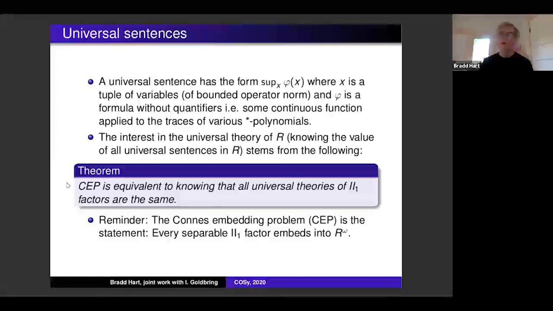No matter what II_1 factor you choose, if the Connes embedding problem is true, you would have the same universal theory. And just a reminder, the Connes embedding problem is the statement that every separable II_1 factor embeds into R to the omega.